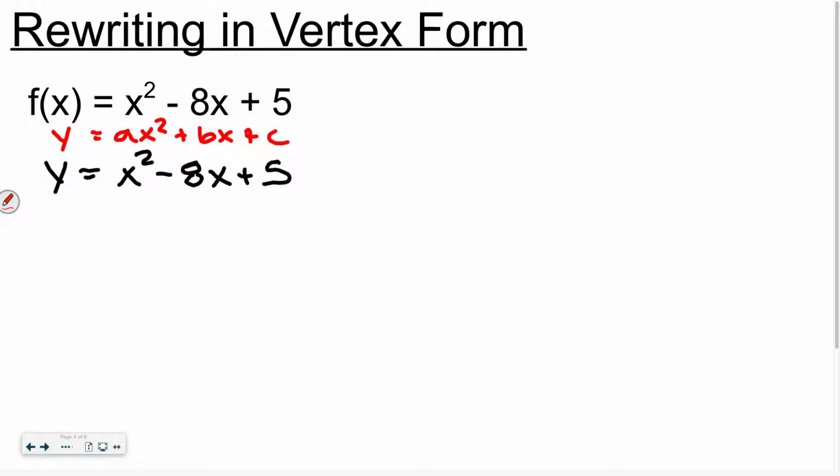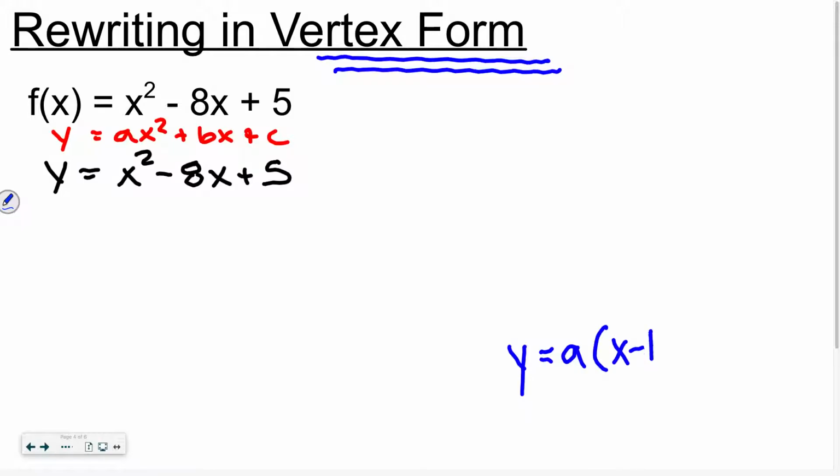Standard form. And we want to take y equals ax squared plus bx plus c, and we want to put it in vertex form. Vertex form is the one that has which letters? The h and the k that are the vertex. So we want to transform it to look like y equals a times x minus h squared plus k. That's how we'll know we have an answer, when it looks like that.